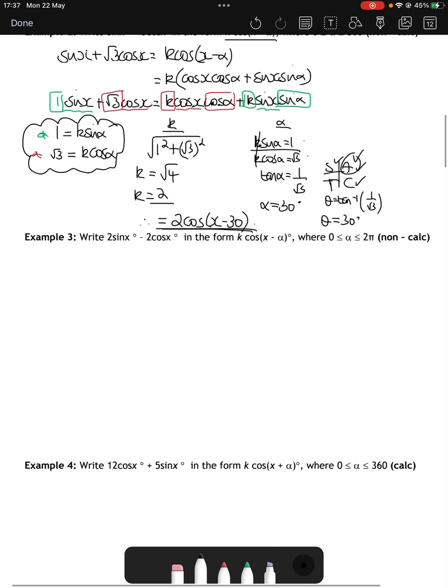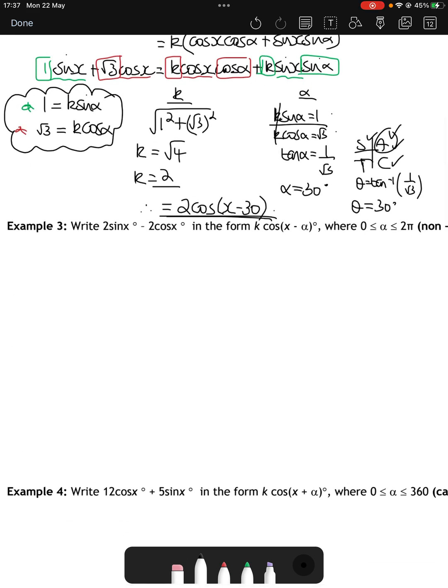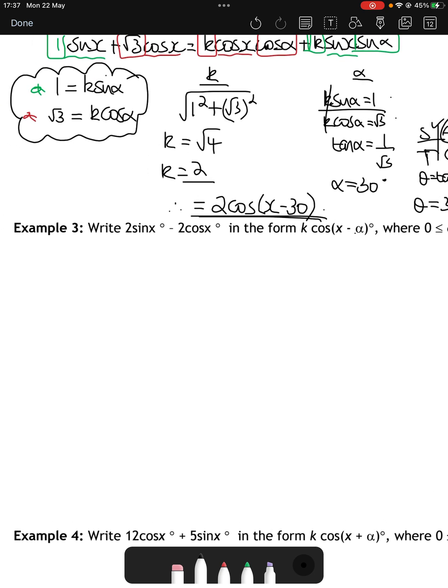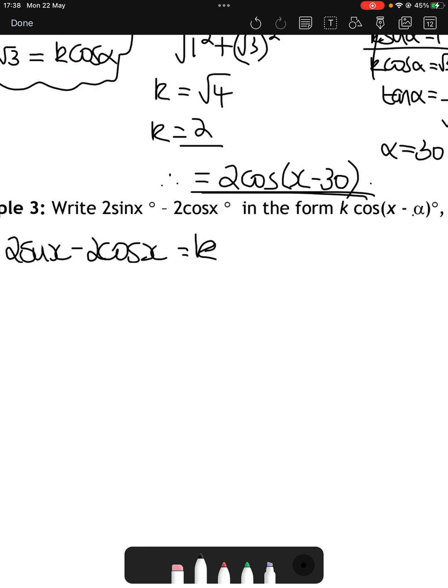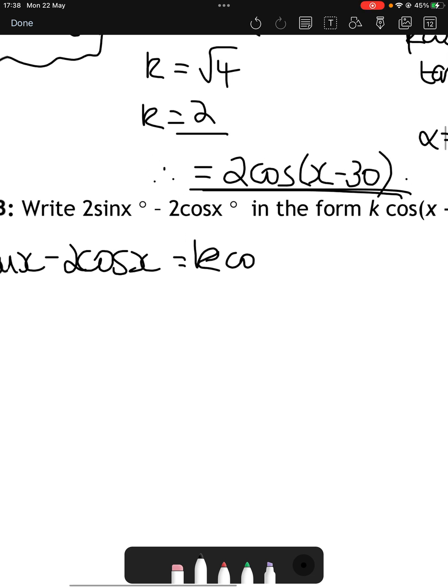Okay, we'll do example 3. Example 3 again looks really pretty much the same. Two differences. You've got a minus there, we'll put a minus this time. So we're going to work our way through it. Okay, so it's a minus this time.